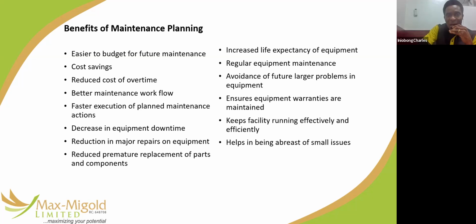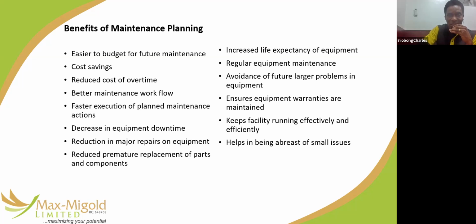Cost savings happen during the planning stage. At the planning stage, you should be able to identify all your cost-saving measures, because at the planning stage, you are telling management the actual cost of maintenance. If you come during the execution stage and say, oh, I have saved money, then management will ask you questions.